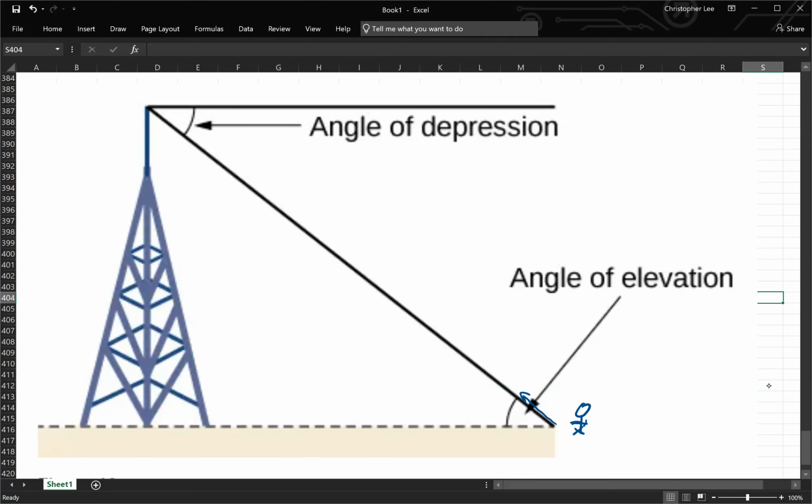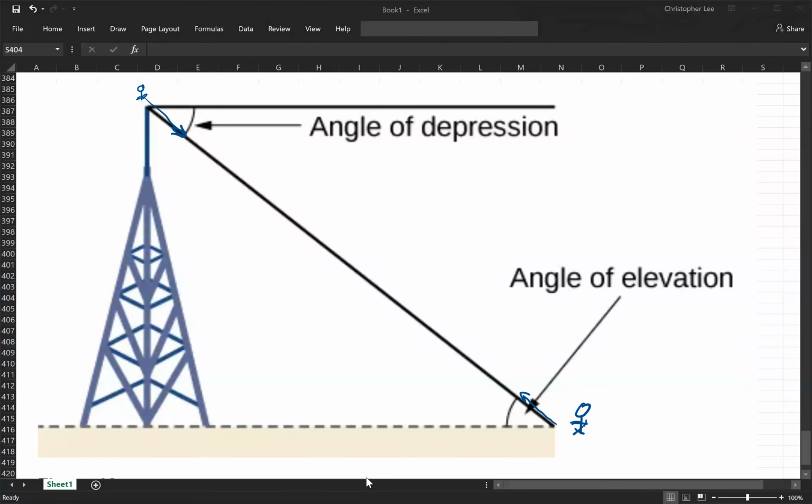Depression, I'm standing right here, and I'm looking down, that's depression. That's it. If you're looking up, elevation; looking down, depression. That's simple. This is an actual application.